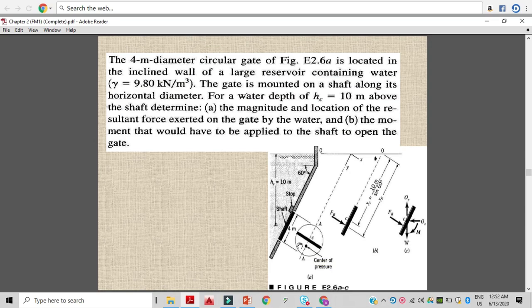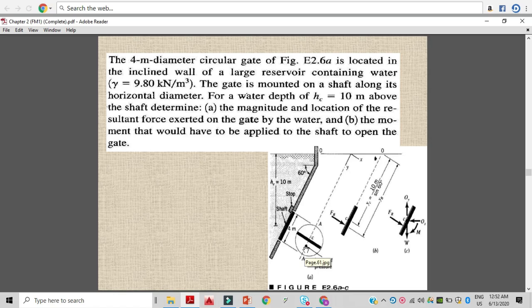XR is going to be 0 because it is acting on this center line. From this side and this side, since the pressure is uniformly distributed, the center of pressure in the X direction will be equal to 0.